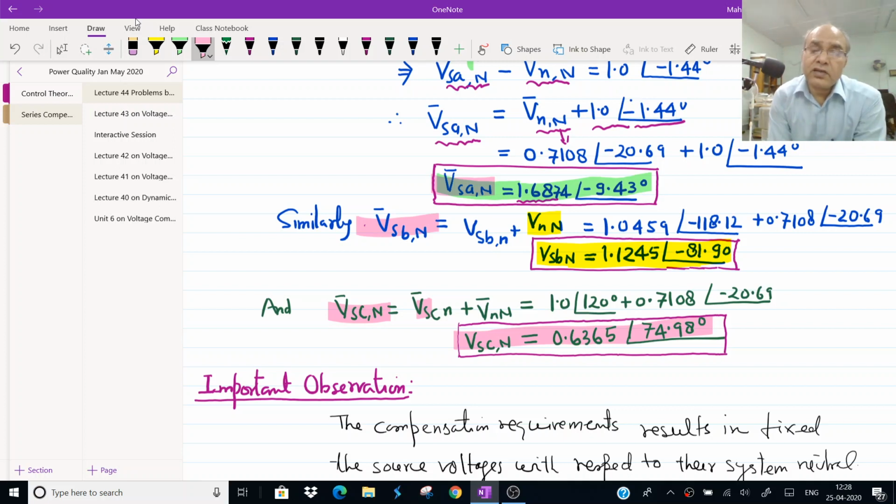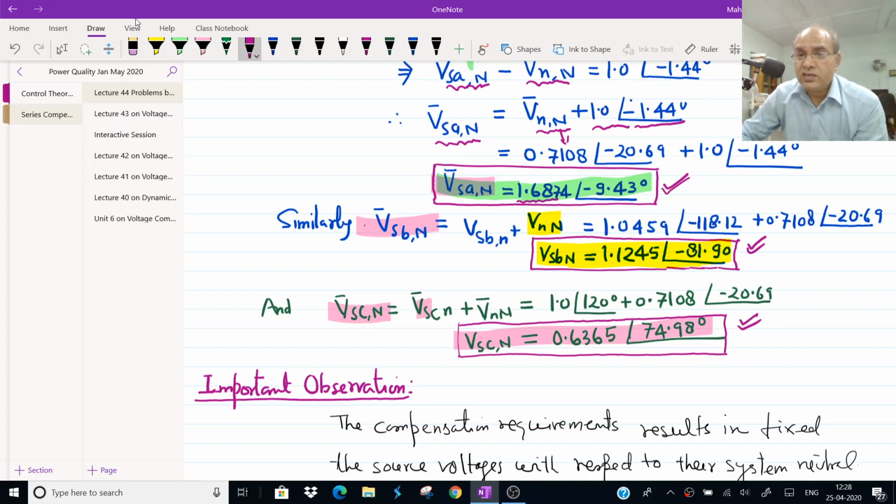So if you think that the neutral voltage on the system side is floating, then we have to adjust these values in order to get the desired compensation, which is a very difficult task because the adjustment of angle is quite large. This is minus 1.943, minus, here it is 81.9, and plus 74.98.